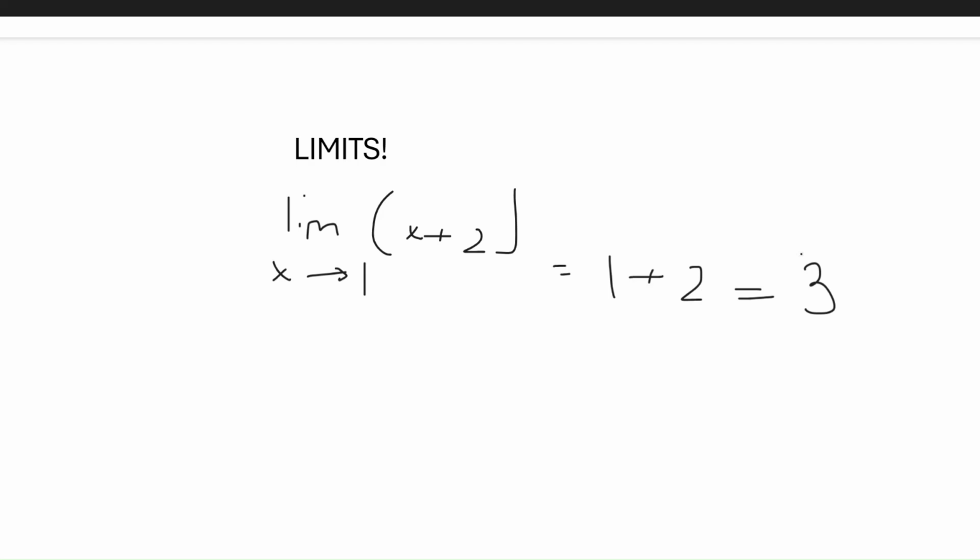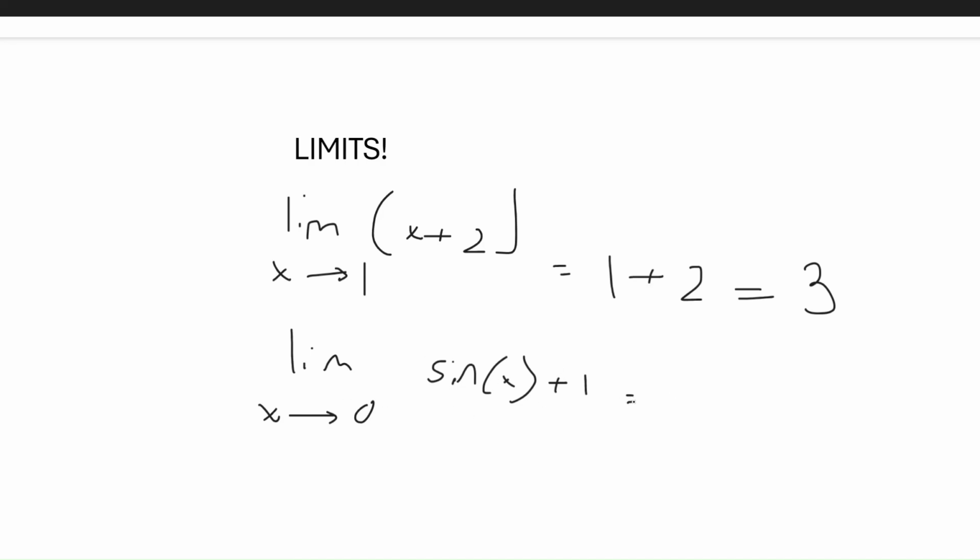So in this case, the limit value matches the f of x value because there are no discontinuities, kind of like how we saw in that first graph. But let's just say instead, what if we had the limit as x approaches 0 of sine of x plus 1.